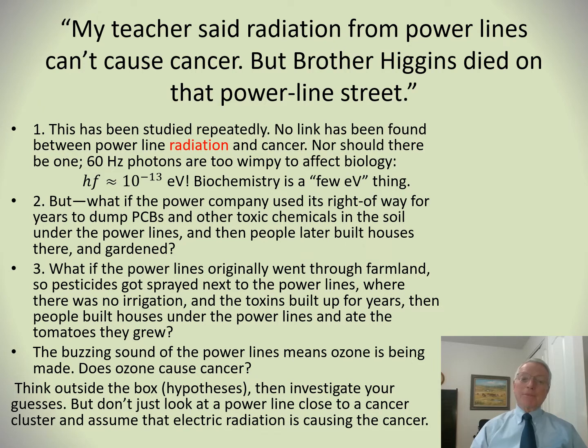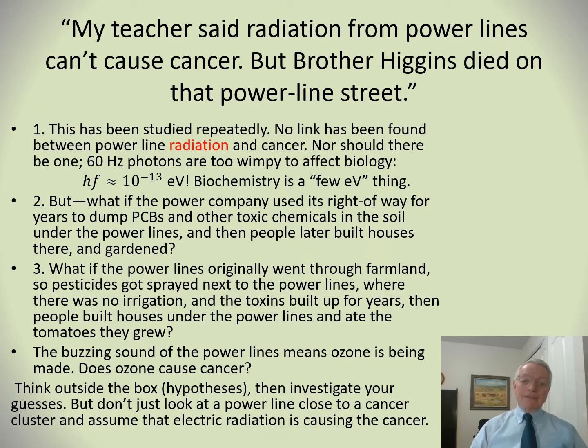What if the power company used its right-of-way for years to dump PCBs and other toxic chemicals in the soil under the power lines? Maybe back when that area was farmland, like it was here in my neighborhood, and then people later built homes there and gardened. Or what if the power lines originally went through farmland? That's our situation. And pesticides got sprayed all over the place, but under the power lines there was never any irrigation to wash them away, and they just built up year after year, and then people built houses and grew tomatoes.